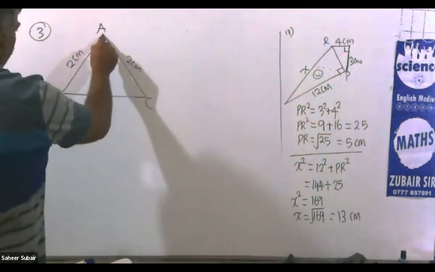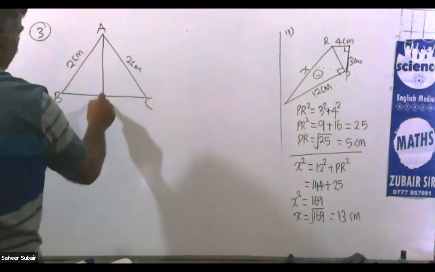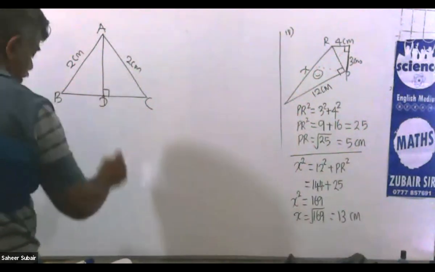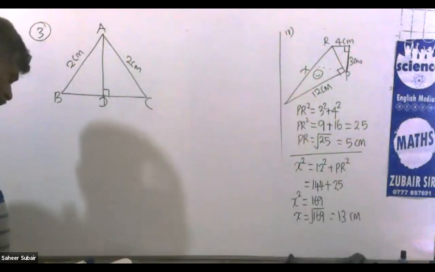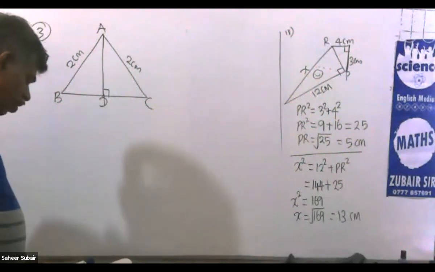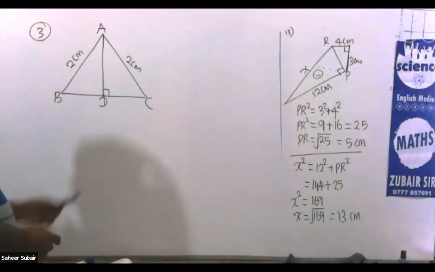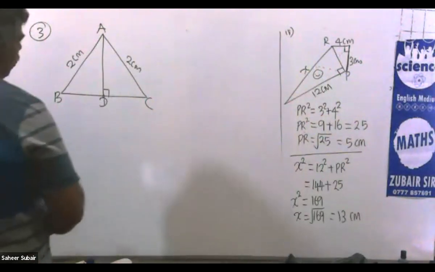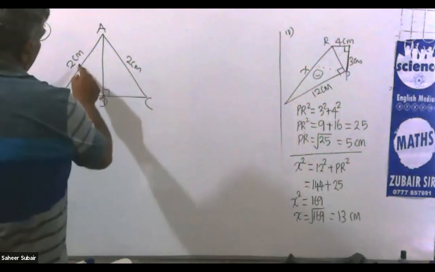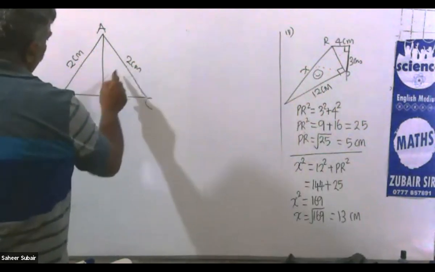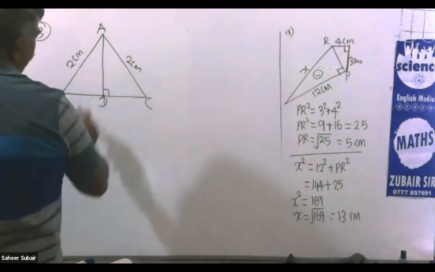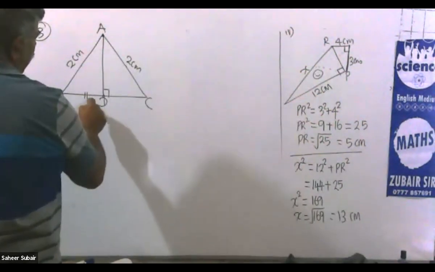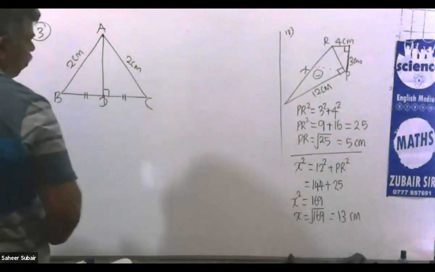And he is drawing a perpendicular from A to side BC. Then the perpendicular meets the BC at D. D is the foot of the perpendicular drawn from vertex A to BC. Then this perpendicular meets at D. Right? Then these two sides are equal now. When two sides are equal and you draw the perpendicular, it bisects the third side, so this becomes half.